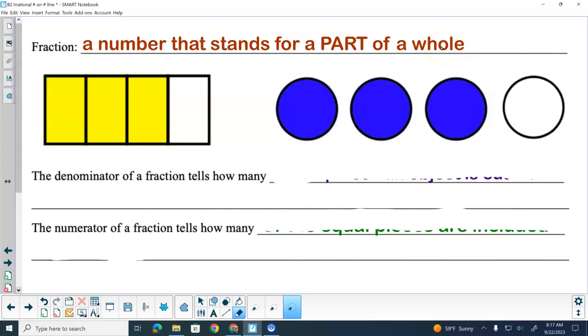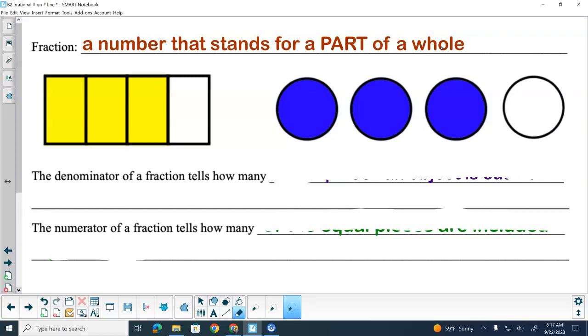So a fraction is a number that tells you the part of the whole. It has two parts to it. It's got a top and it's got a bottom.